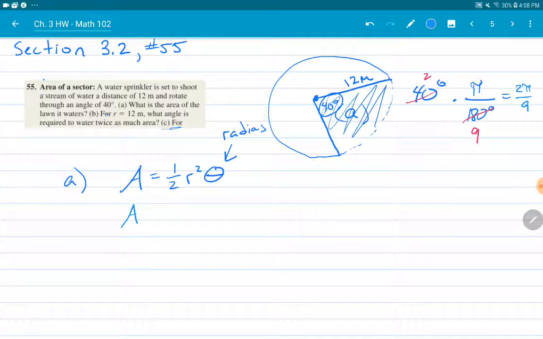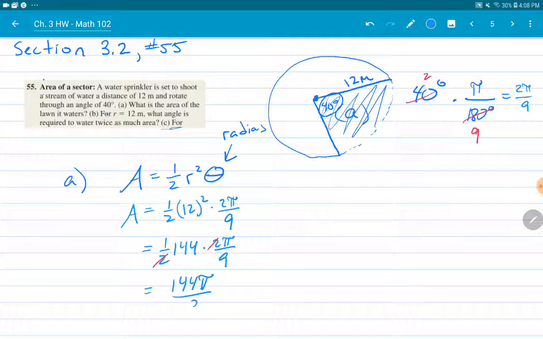So area equals 1/2 R, the 12 squared. The radians is 2 pi over 9. So that gives me half of 144 times 2 pi over 9. My 2's will cancel when I multiply those. So I'm left with 144 pi over 9.